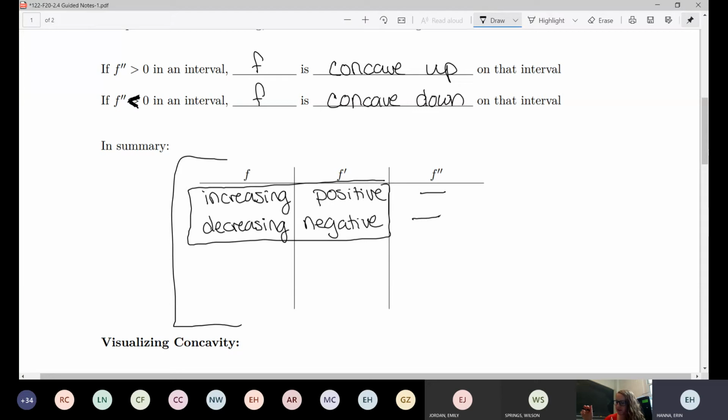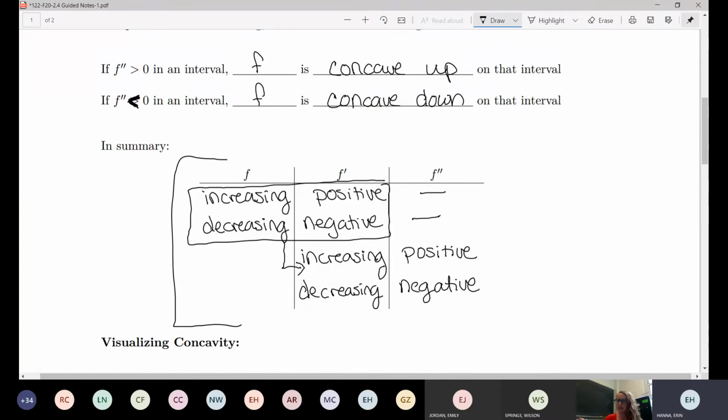So essentially what we do now, a way to maybe help you remember it, it's not really that you have to write it down in this way, but to maybe help you remember it, is that this pattern kind of just shifts over. So if we have that the derivative is increasing, then the second derivative is positive. And if the first derivative is decreasing, then the second derivative is negative.